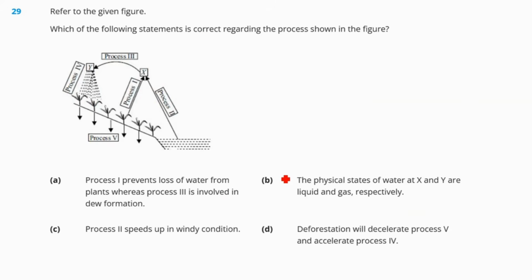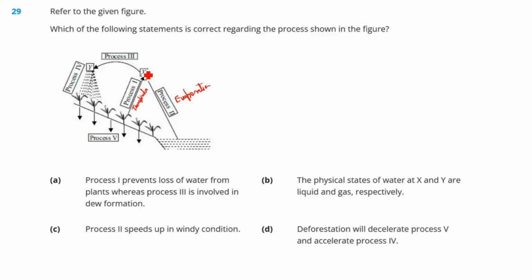Question 29. Refer to the given figure. Which of the following statements is correct regarding the process shown in the figure? Process 1 is from the leaves to the air. So from the leaves to the air, this can be transpiration. From the water to X, this can be evaporation.